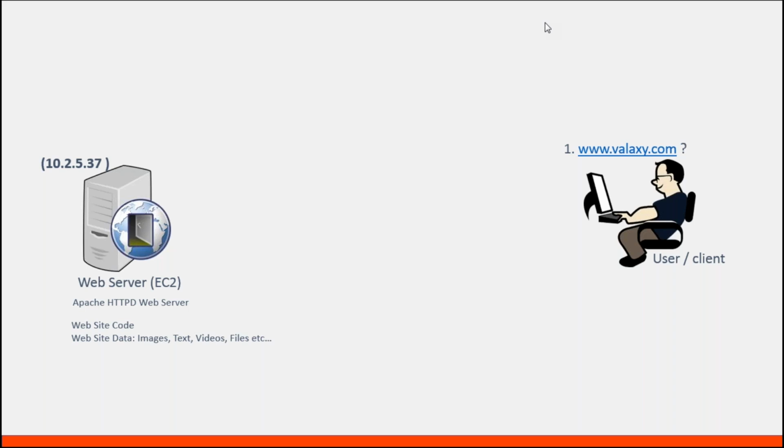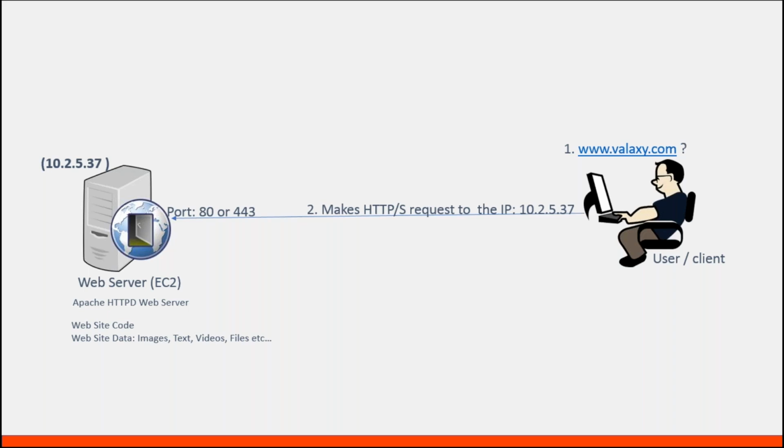When the client uses the domain name to access the services, the request should go to the web server, where there is a port listening. The request should be sent to port number 80, and of course the web services can work on 443 as well.